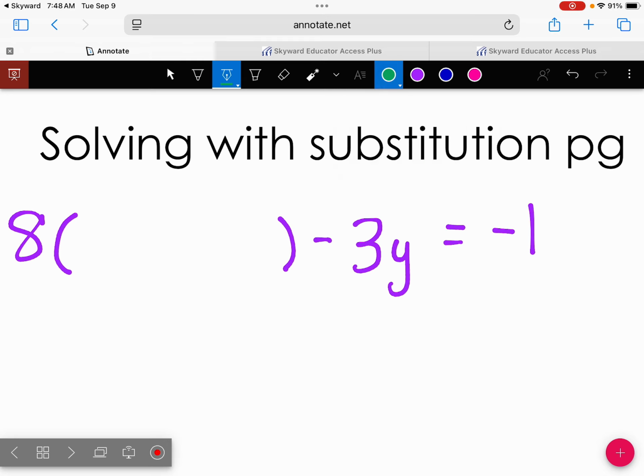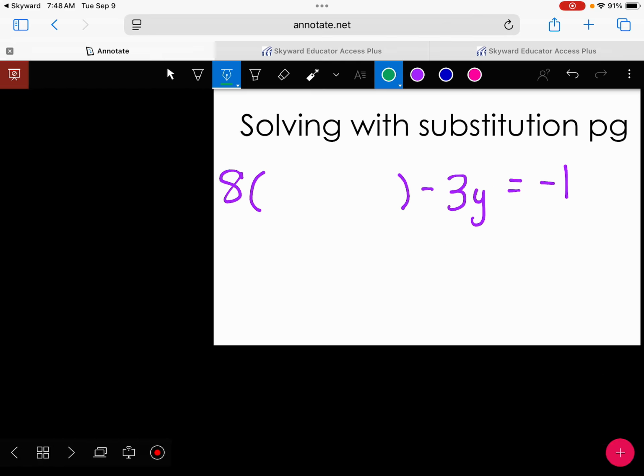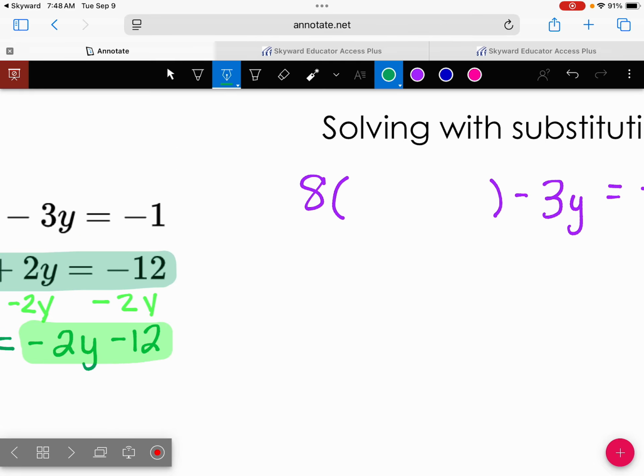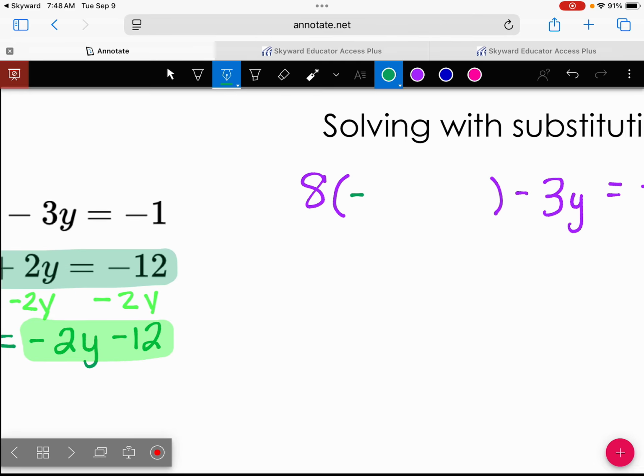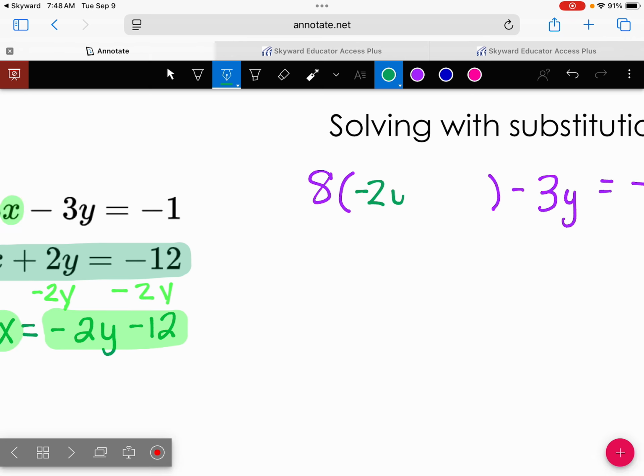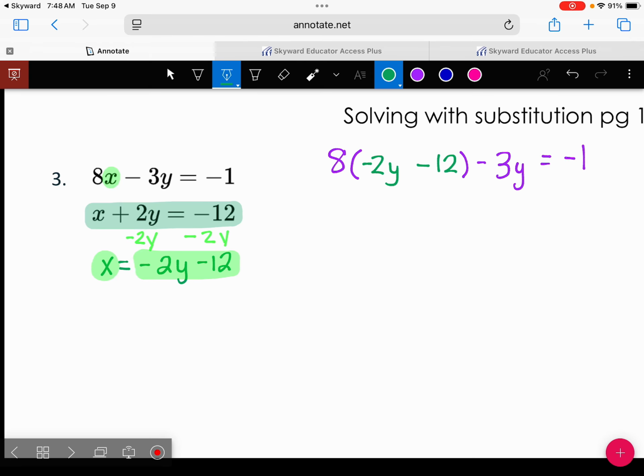But instead of having just the letter x, we're wanting to substitute in that expression that we found, that minus 2y minus 12. We're substituting that in place of the x. Once we have an x equals, we can do that. And this guy was going inside there. That's what we were putting in.